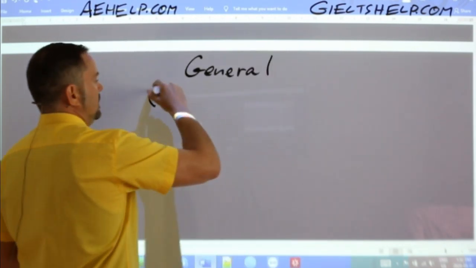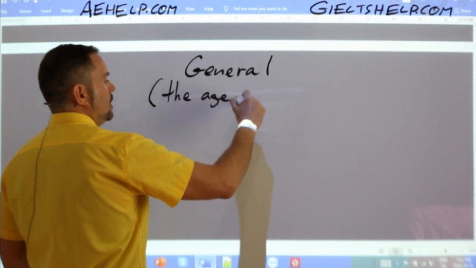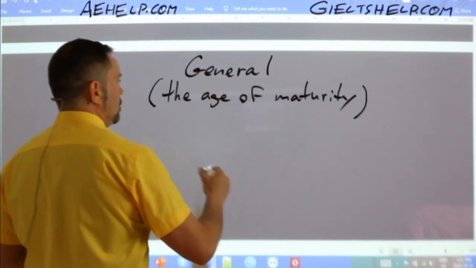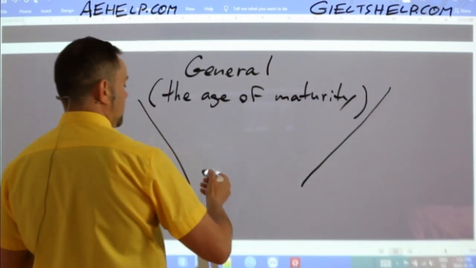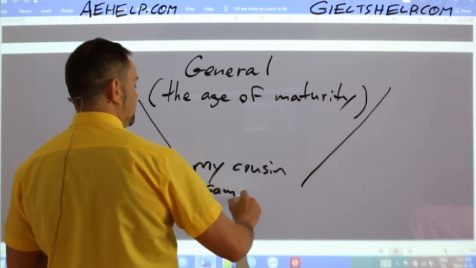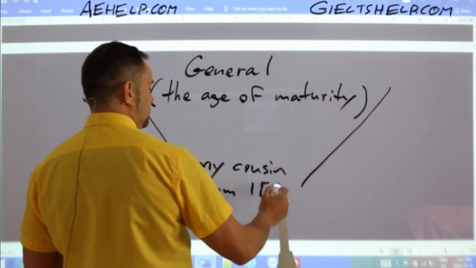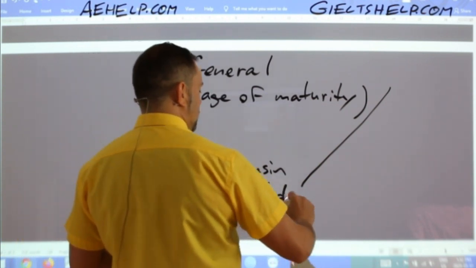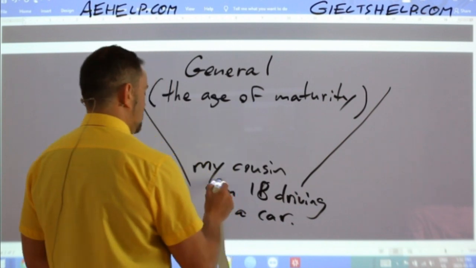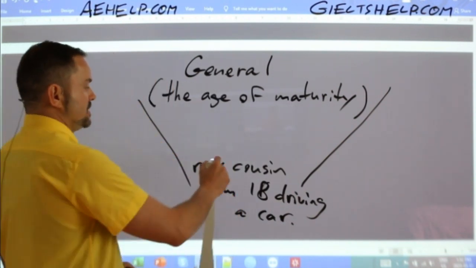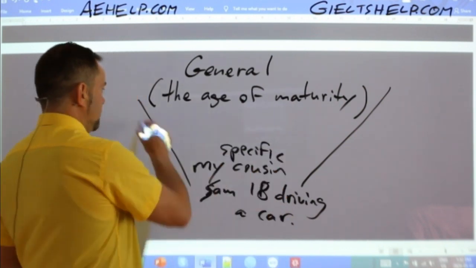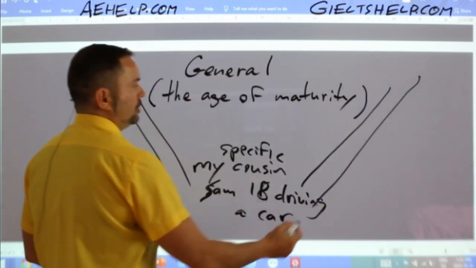General would be like the age of maturity. And then you can go to more specific. My cousin Sam, 18, driving a car. So that would be your specific. This is your funnel, going from general to specific.